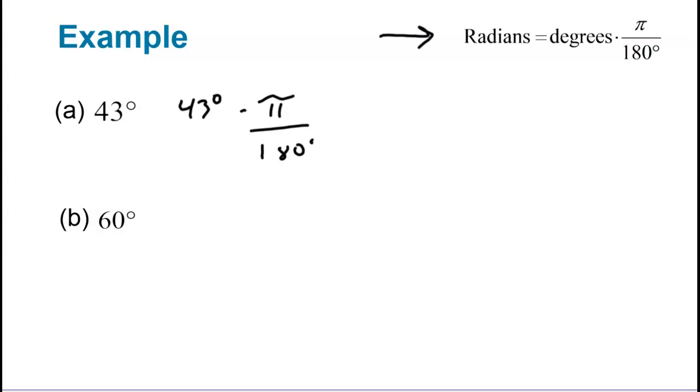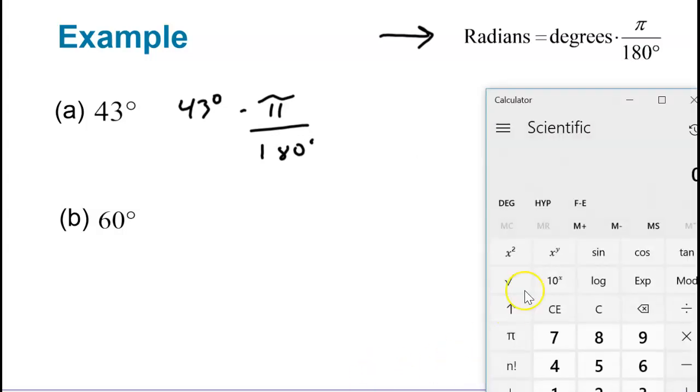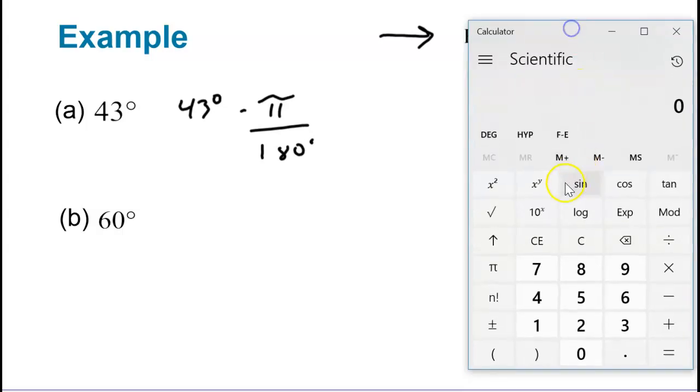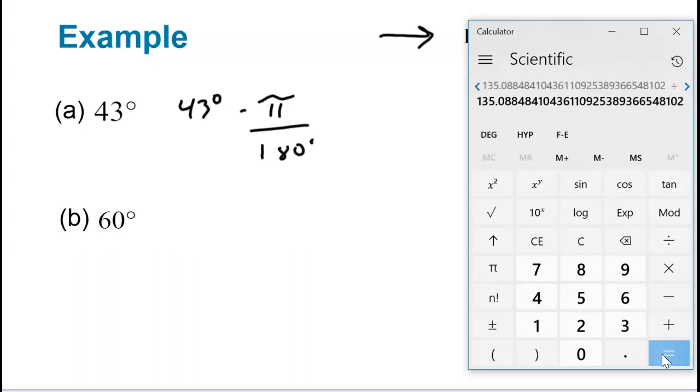And so with that, we will go ahead and get our calculator out. And say 43 times pi is 135.088, and then we'll take that number and divide it by 180, and we come up with 0.75.